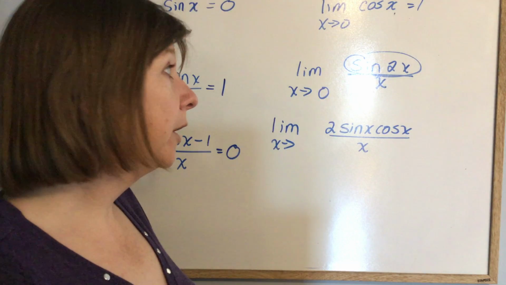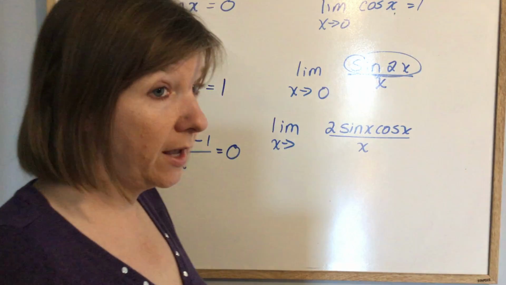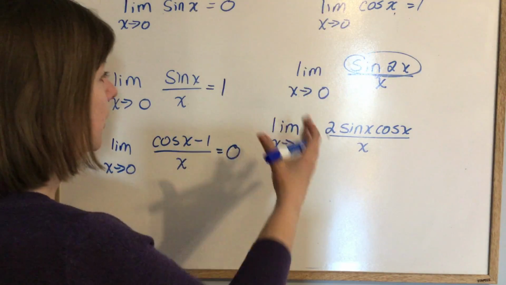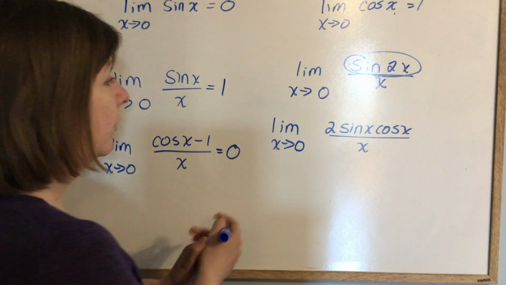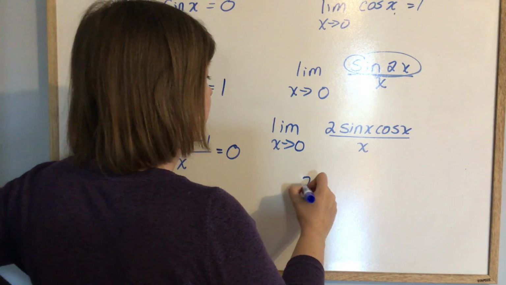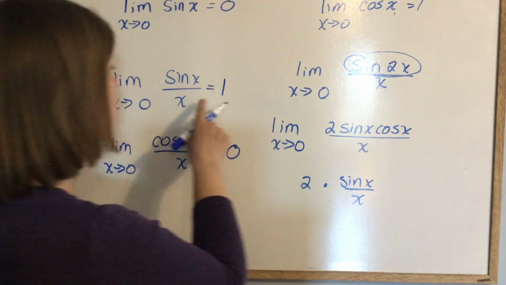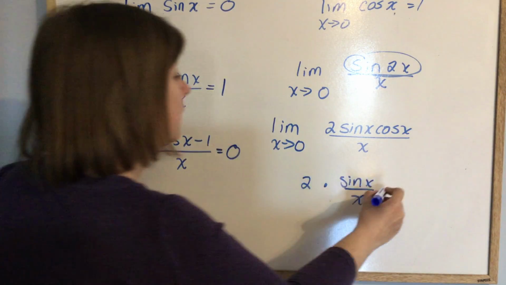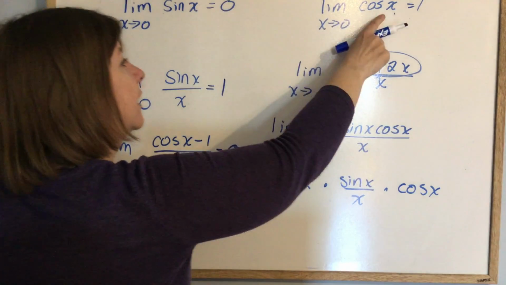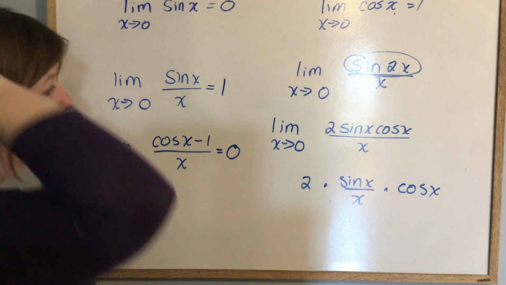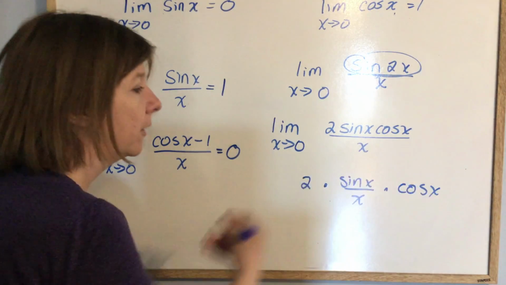Now, again, I'm going to want to break this apart in such a way so that I have some combination of these. So x approaches 0. So I could break this apart so that we have 2 times sine x over x, because I have an identity for that, times cos x, because I have a limit for that, and I have a limit for that. So this and this are exactly the same thing, right? I just broke it apart in 2 pieces.